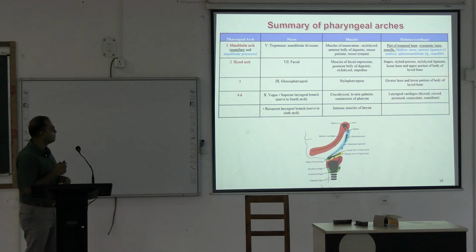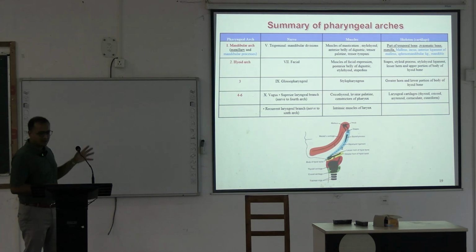These two you have to keep in mind regarding the fates of the pharyngeal arches. The rest are kind of easy. For the third arch, only one muscle is supplied by the glossopharyngeal nerve, and the lower part of the hyoid bone principally develops from it, whereas the upper part of the hyoid bone develops from the second pharyngeal arch.